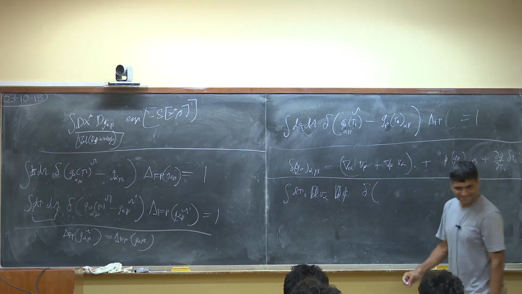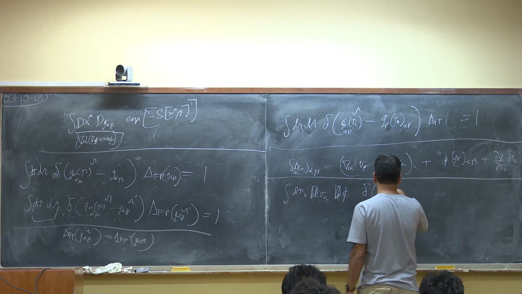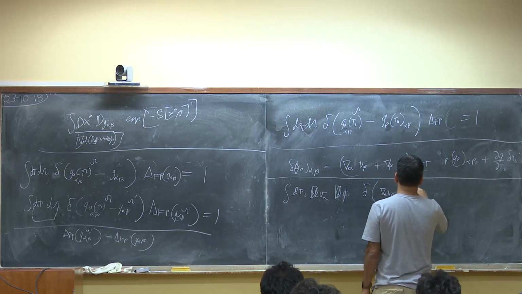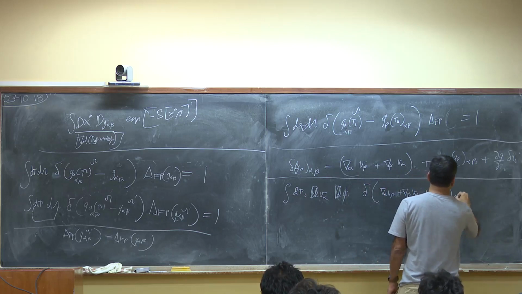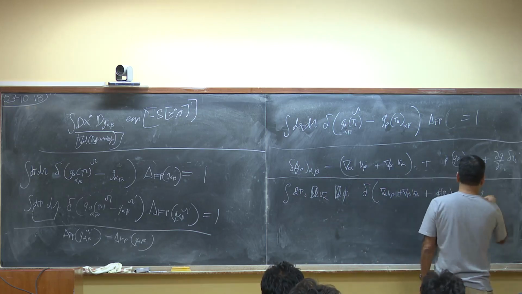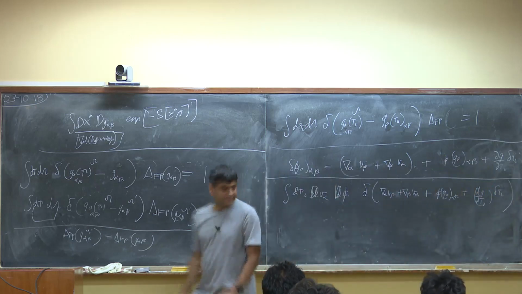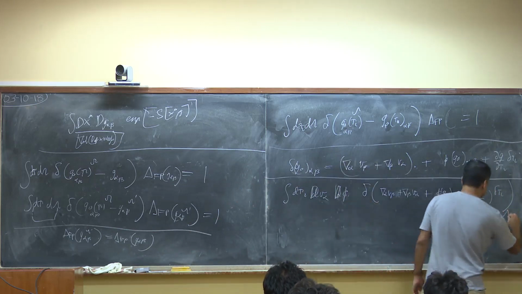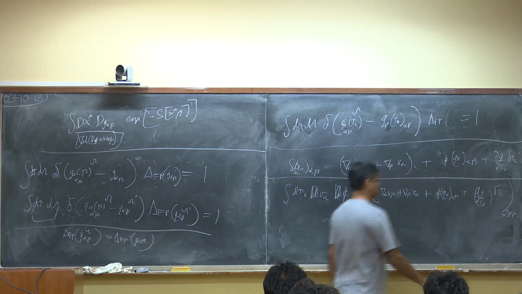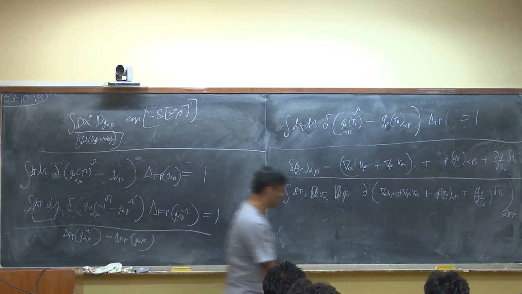What remains is delta of del alpha V beta plus del beta V alpha plus phi G naught alpha beta plus dG by d tau I delta tau I, times the Faddeev-Popov determinant, is equal to 1.